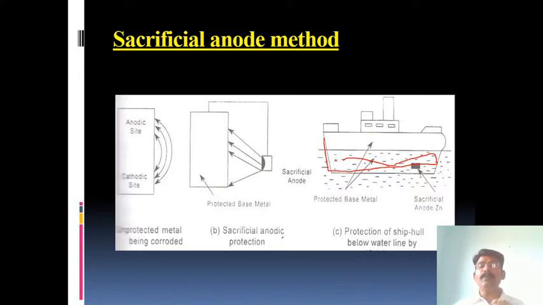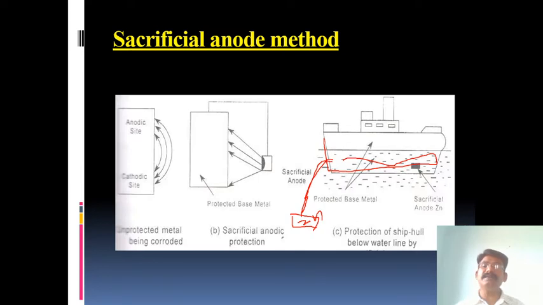So how do we protect these hulls? We use zinc metal. This is zinc, a metallic sheet, connected to what we have to protect, the hulls of the ship.